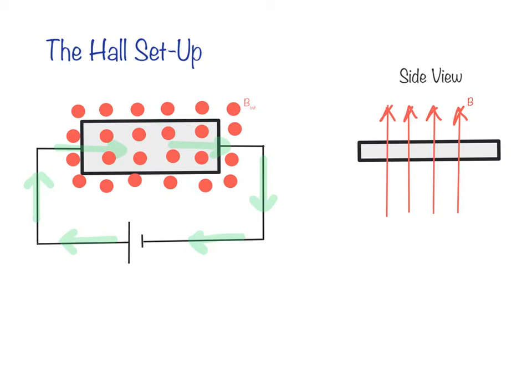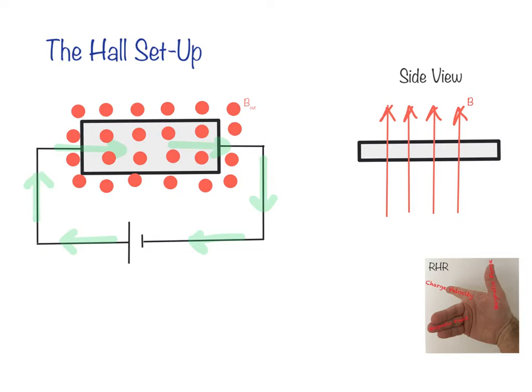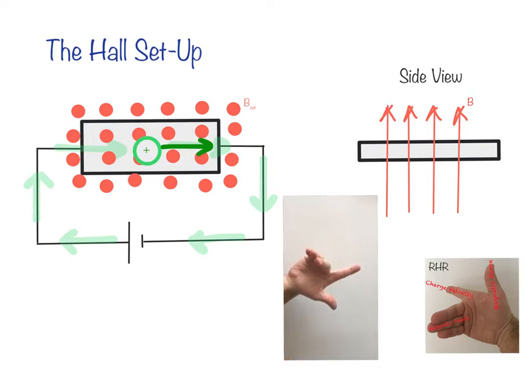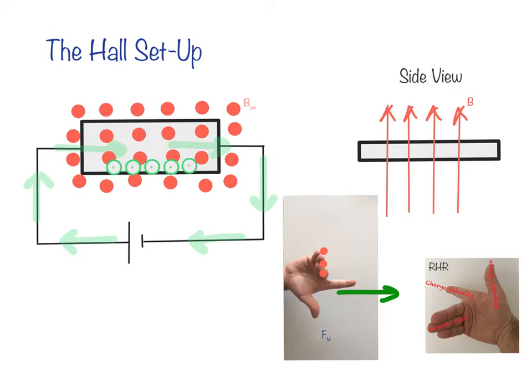If we take a look using the right-hand rule, we can see that if the magnetic field lines are pointing out of the page, and I'm using conventional current here, so I have a positive charge carrier moving to the right, that shows that the magnetic force is pointing down. So it's going to push these positive charge carriers towards the bottom of this plate, and thereby leaving the negative charge carriers, or more negative region, at the top of the plate.